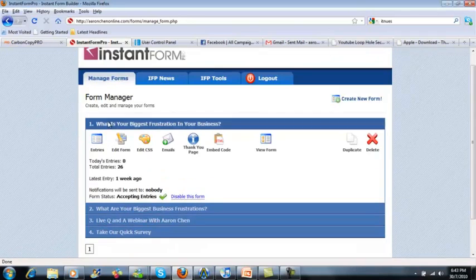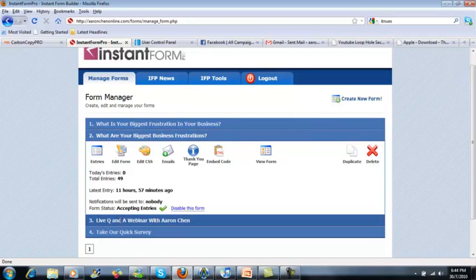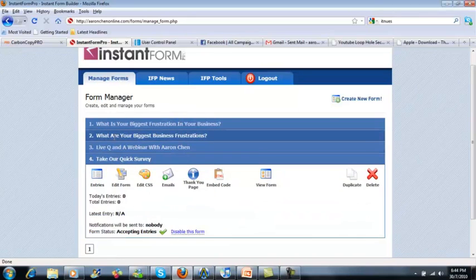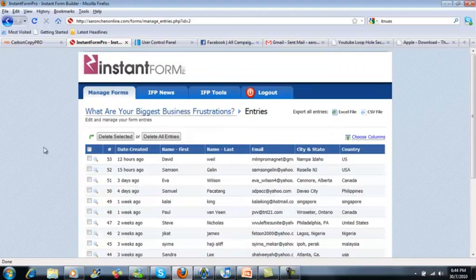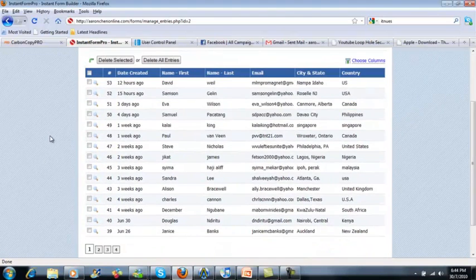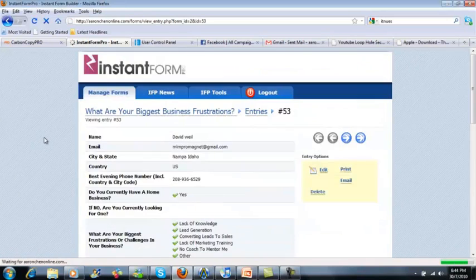Now, I've got a lot of different types of surveys here that I use for different lists. Okay, but basically, let me show you some of the entries that people fill out. These are all the different surveys that people actually took the time to fill out whenever I sent it out to my list, right?